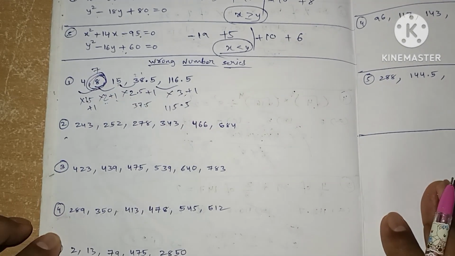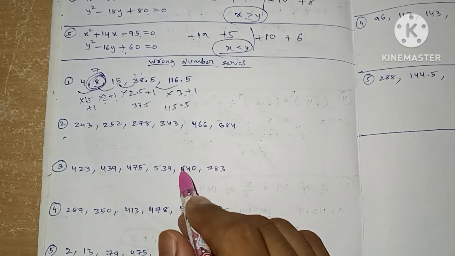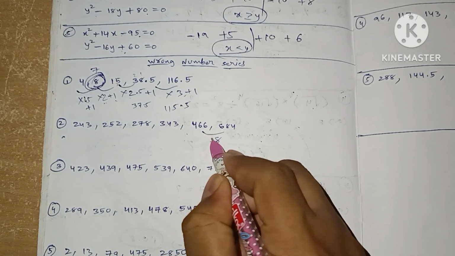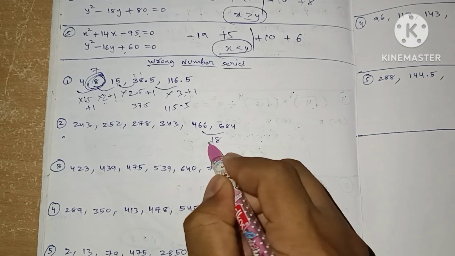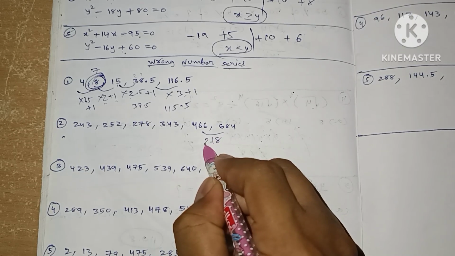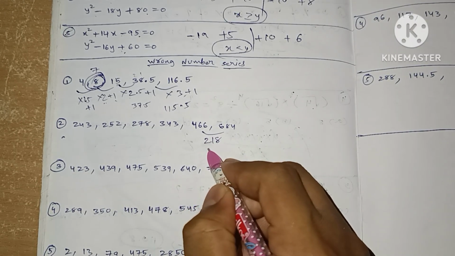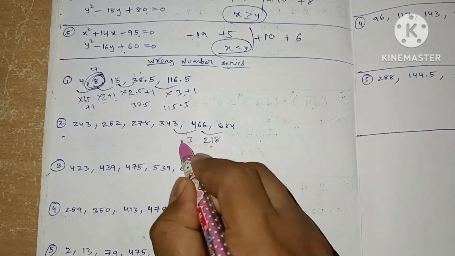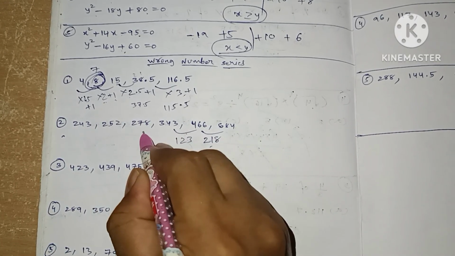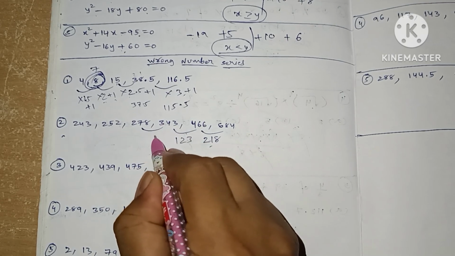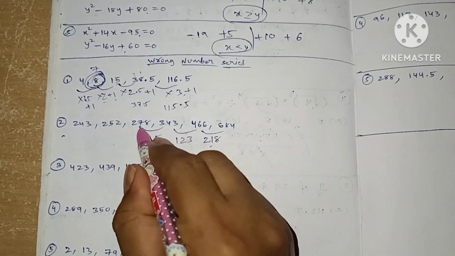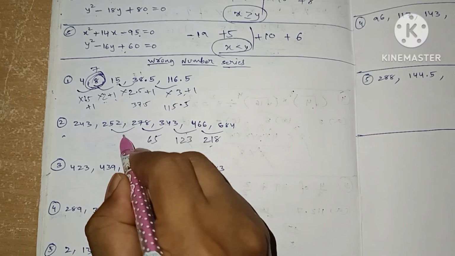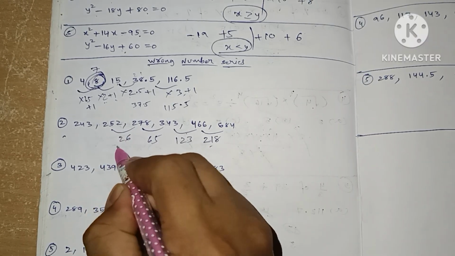Next, second question. In this question we see the differences. Here the difference between these two is 1, and 2, and 8. Here the difference between these two is 3, 2, 3, 1, 2, 3. Here we see a difference of 5, 3 plus 3 is 6. Okay, here we see a difference of 6, 2, 6.